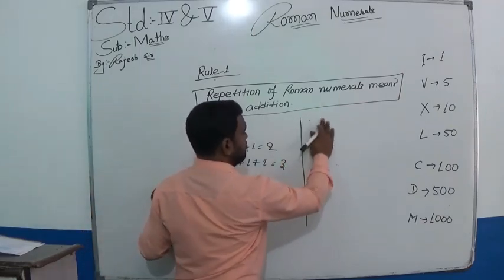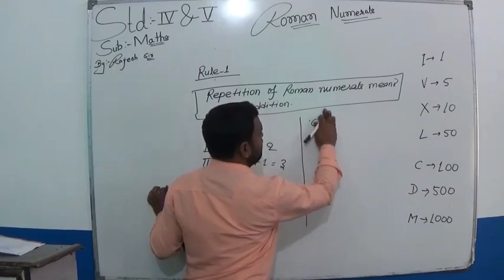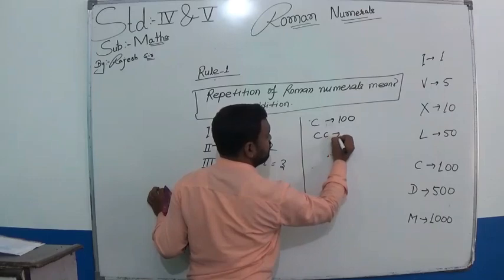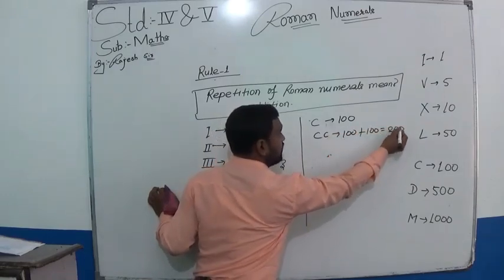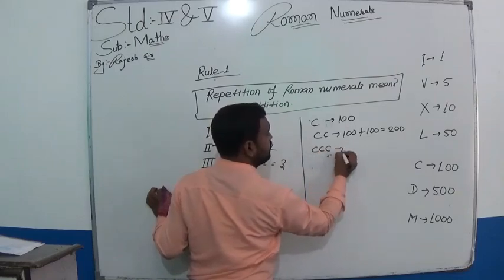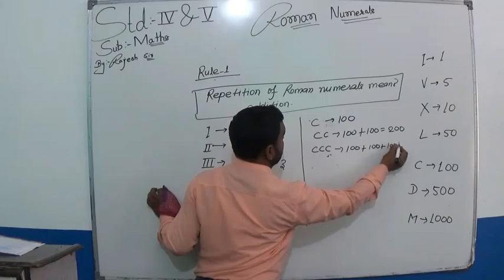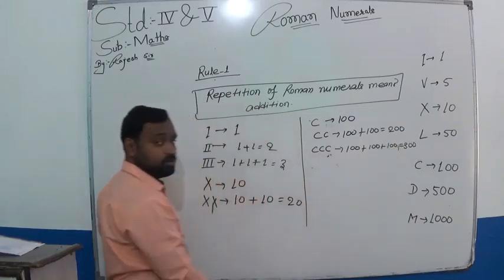Okay, see. 1 time C equals 100, 2 times C equals 100 plus 100, it is 200, 3 times C equals 100 plus 100 plus 100 equals 300.